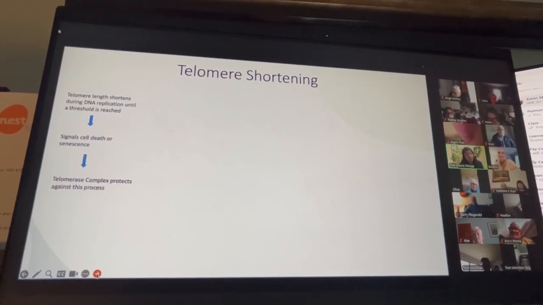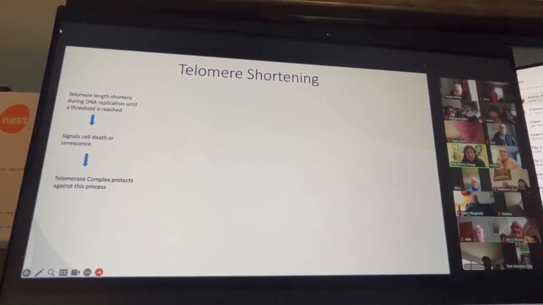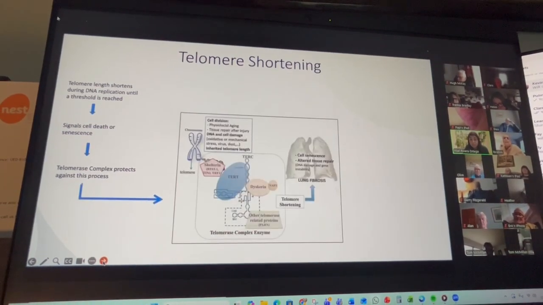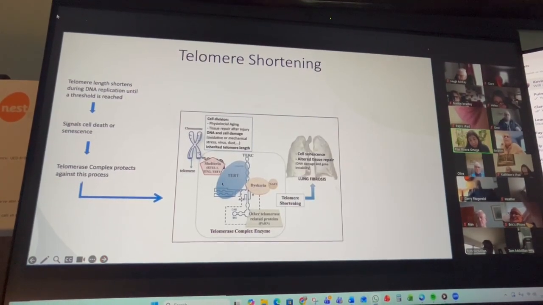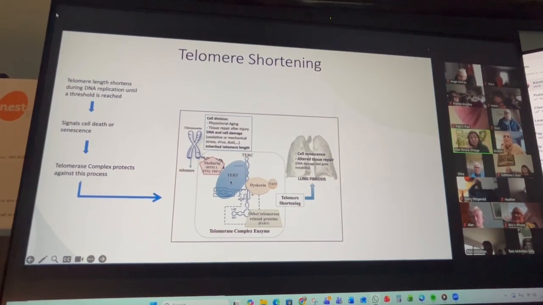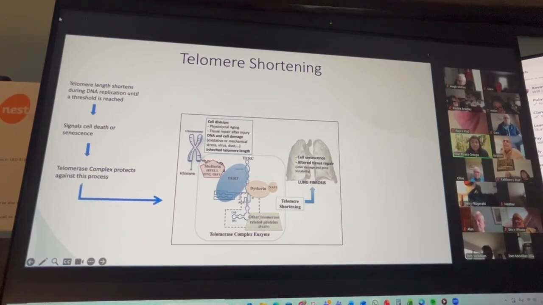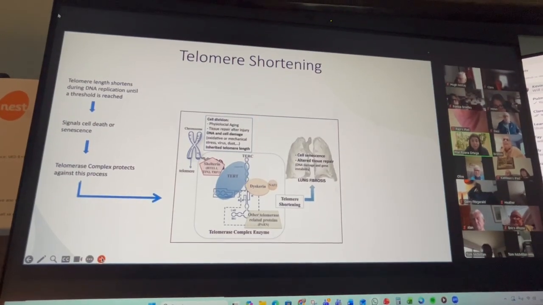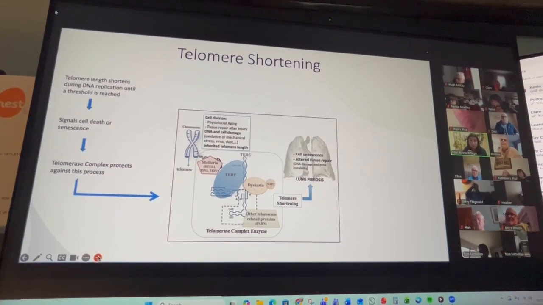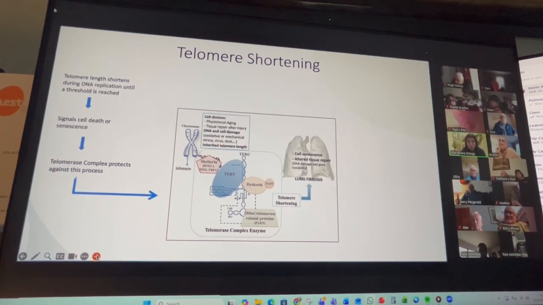As I said, our body is very clever. We have an enzyme called the telomerase complex that works against this process. Look, these are the components of the enzyme, which is why the genes have these names. This enzyme tries to avoid this process, to tell the cell, no, don't destroy yourself.